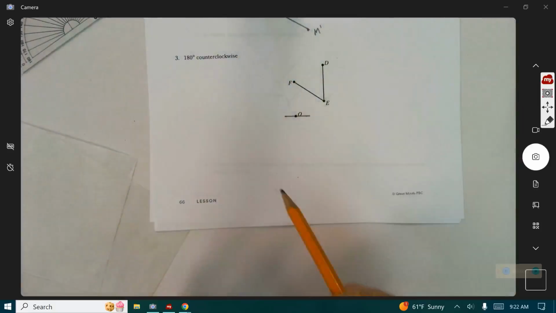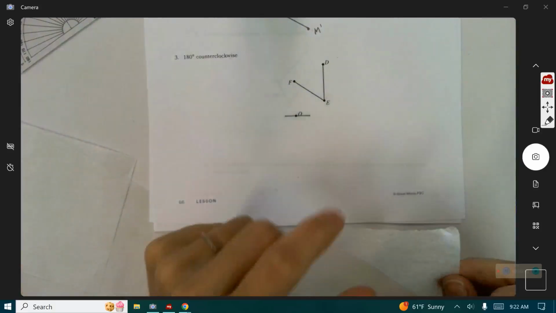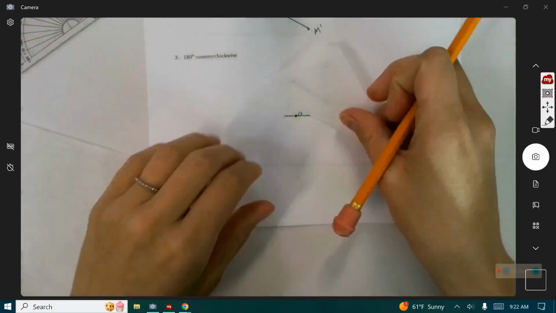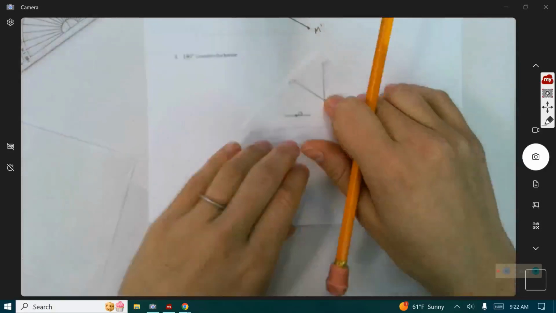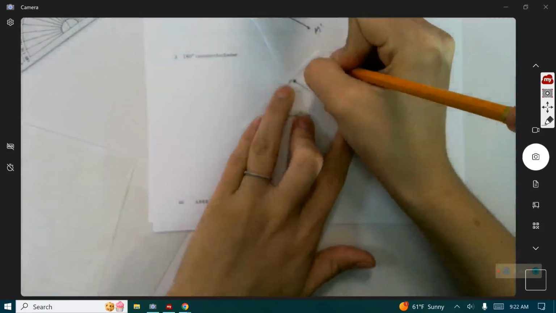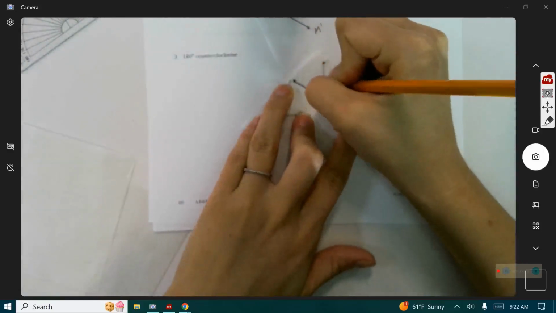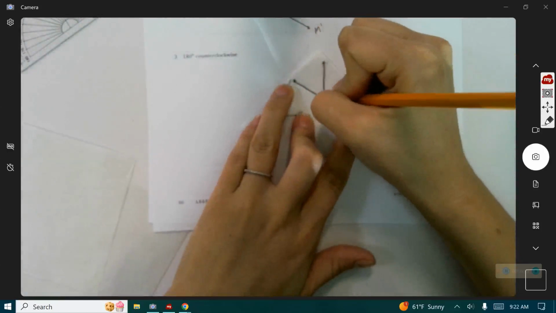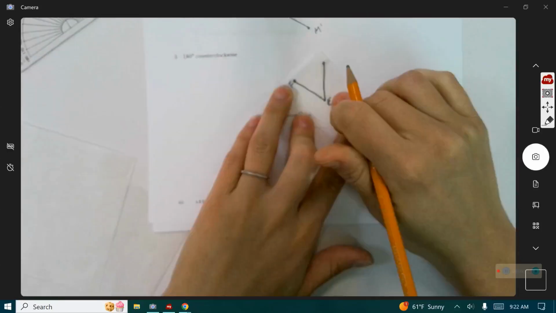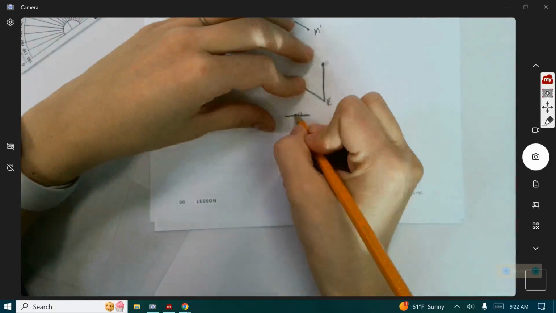So we're just going to use this and turn it until it matches up with the line on the other side. All right, so we are tracing our figure on our tracing paper. This is E and F. And again, we're tracing through O.